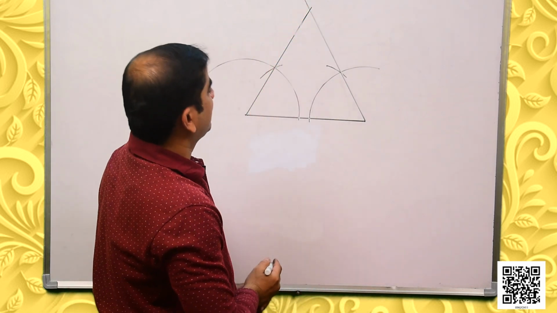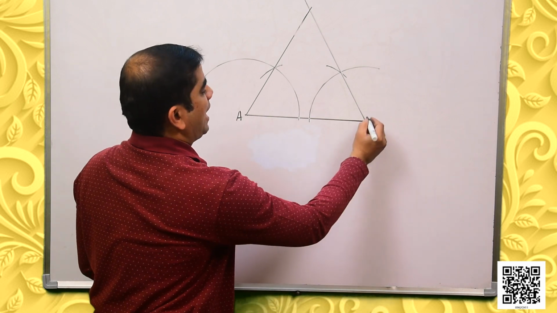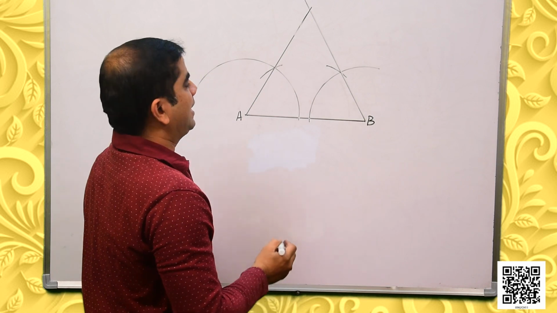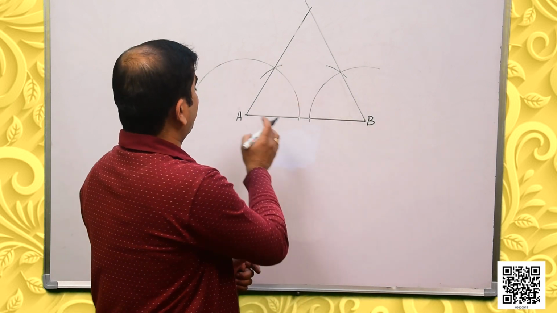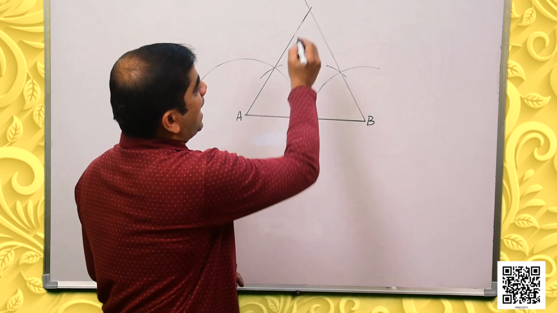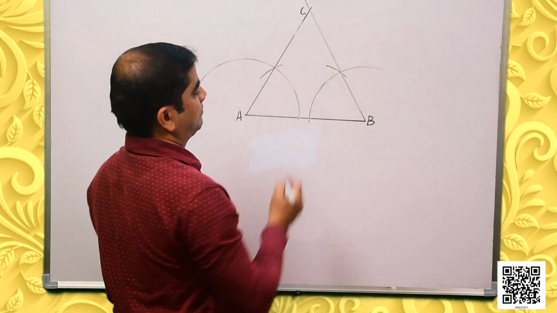So, students, you can see that if this is A and this is point B, and when we construct the 60 degree angles from point A and B, they are intersecting each other at a point. Let that point be C.